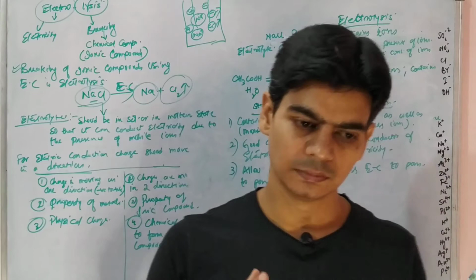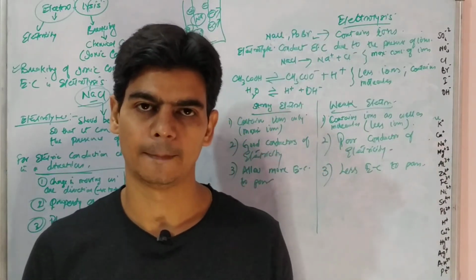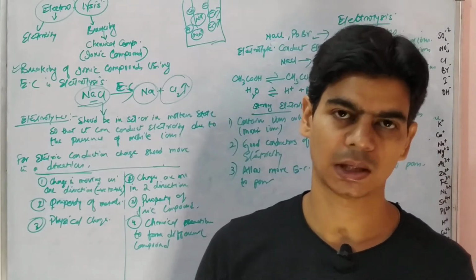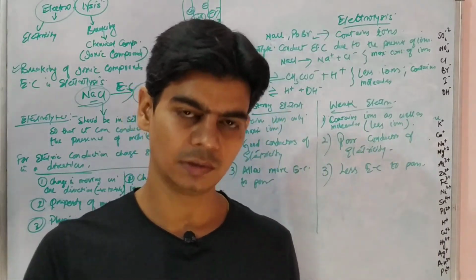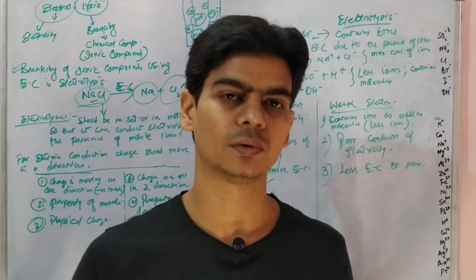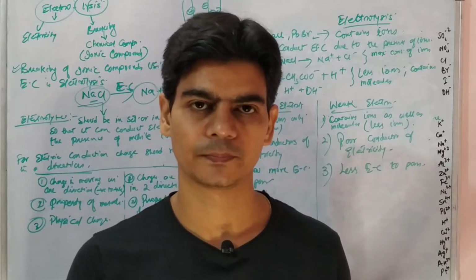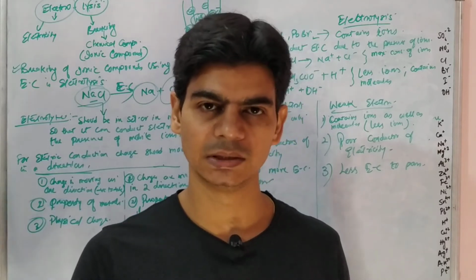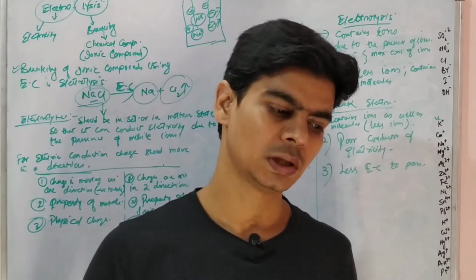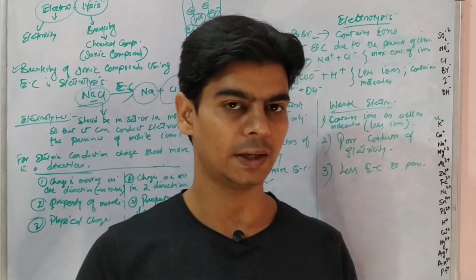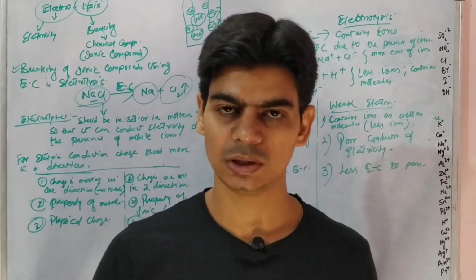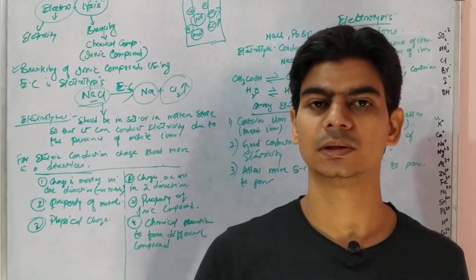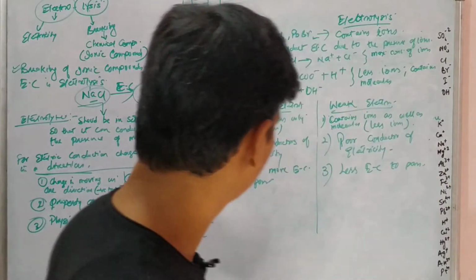Then we have non-electrolytes as well, which are poor conductors of electricity. They will not allow electricity to pass through, because in water solution they do not ionize to form ions. For example, sugar solution, carbon tetrachloride, benzene, toluene: all these in water solution will not ionize. So these are bad conductors of electricity because they contain only molecules.